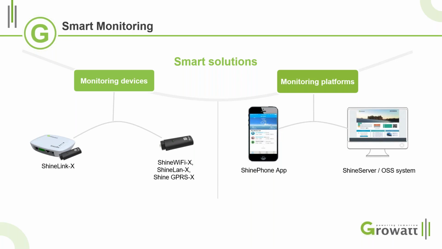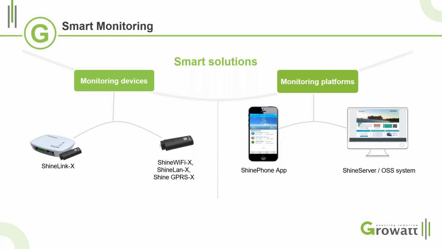And on the right, you can see we have different monitoring platforms. You can access it through the Shine Phone app, where you can also see how much energy the Growatt inverters have produced, what the SOC of the batteries is on your plant, and also change settings.